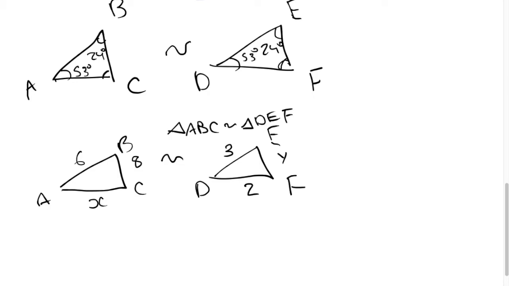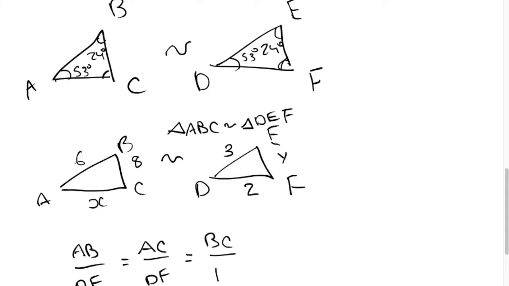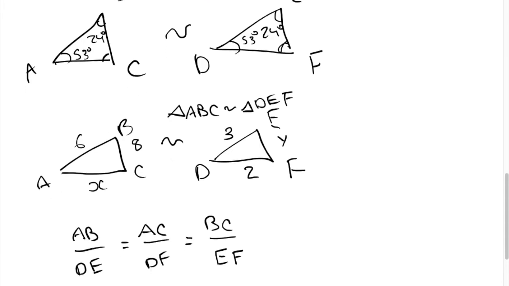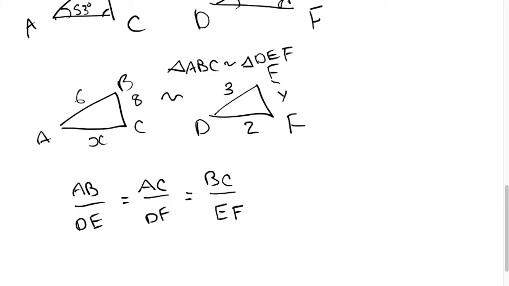So you can write that AB over DE is equal to AC over DF and BC over EF, right? Now all you have to do is plug in as many sides as you know and how many ever variables you identified, and you can eventually solve for X and Y.